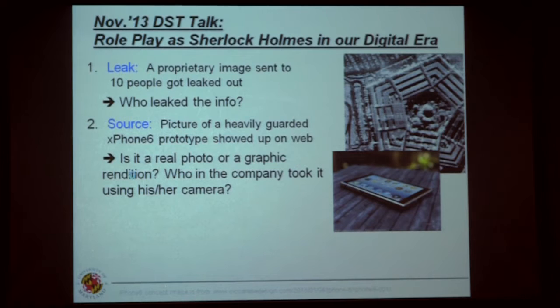And from the company's point of view, if this is indeed a leak of their prototype, they want to know which employee in their company took the picture using a camera phone. So how can we trace to individual cameras, individual phones? The idea behind answering this question is to look at our information processing pipeline. They are devices, sensors, processing modules and systems.